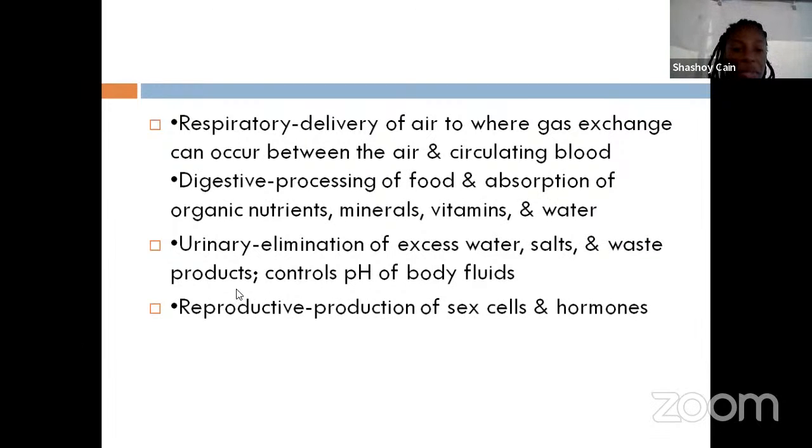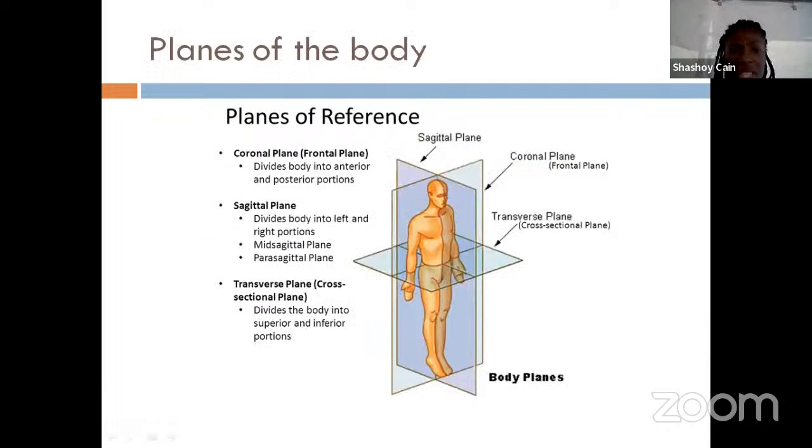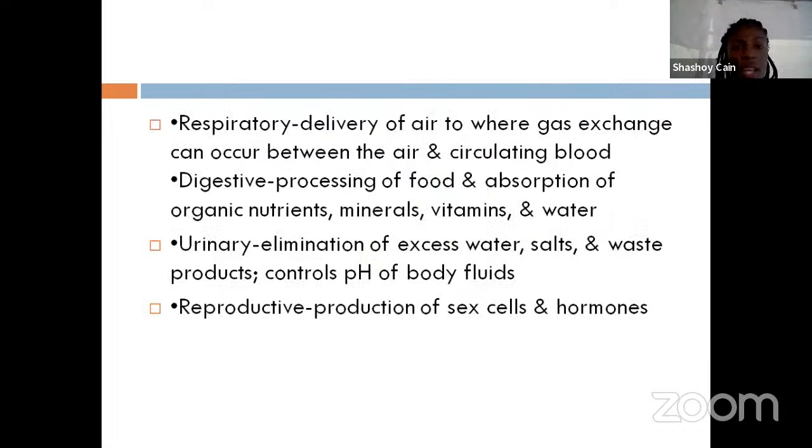All right, so unfortunately I have 2 minutes, so I'm going to wrap up. So we have the digestive system, which processes food and absorbs organic nutrients, minerals, vitamins, and water, right?